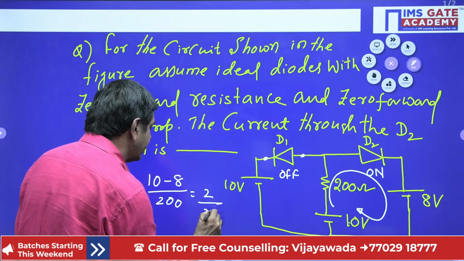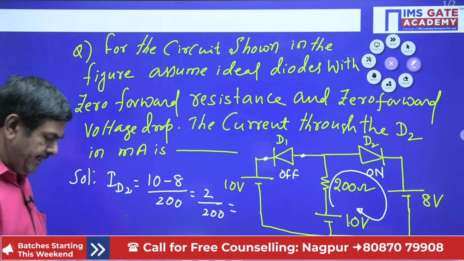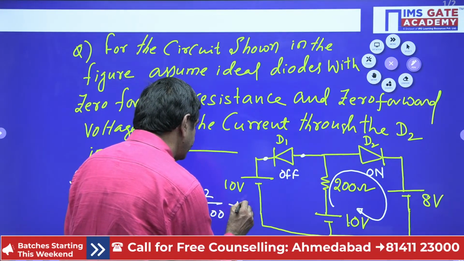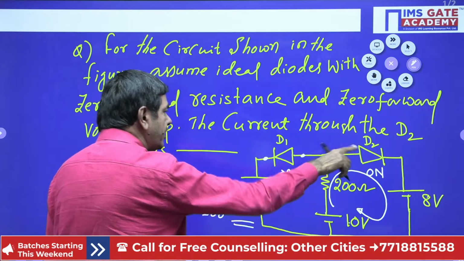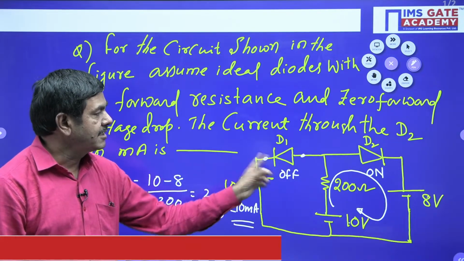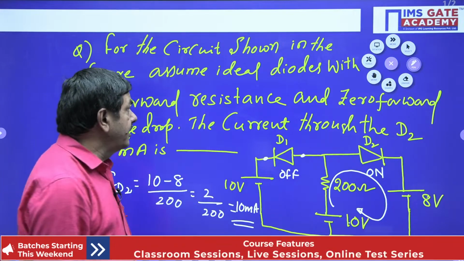If you use the calculator, ID2 will be 10 milliamperes. 10 milliamperes of current is passing, so the current through the diode D2 is 10 milliamperes. No current will pass across D1. That is the solution.